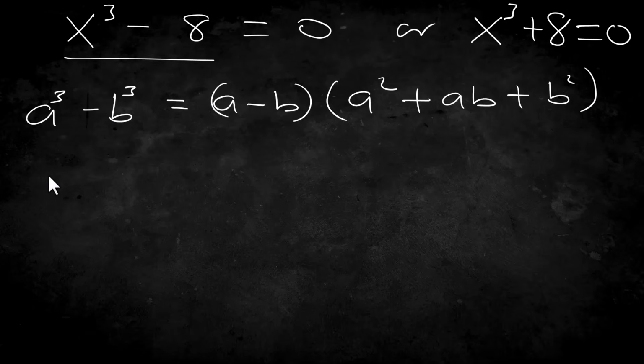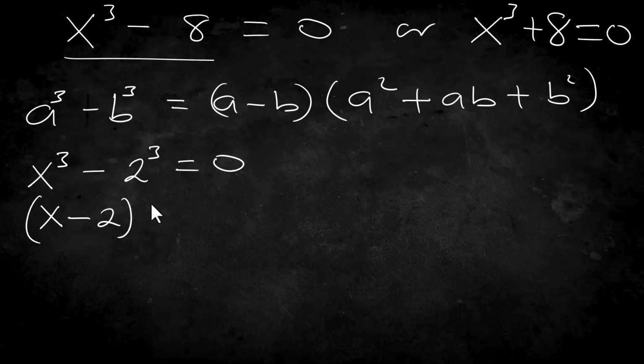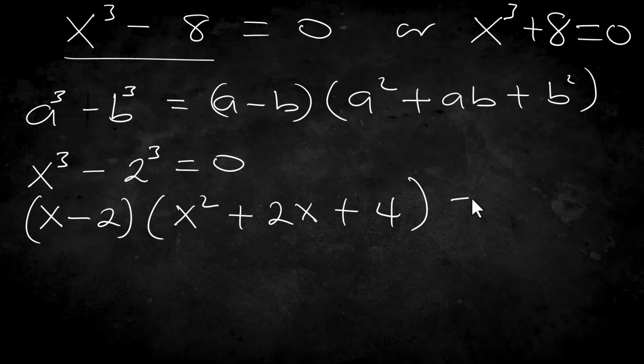So x cubed minus 8 is the same as x cubed minus 2 to the power 3 equals 0. So we have (x minus 2)(x squared plus the product 2x plus 2 squared, 4) equals 0.